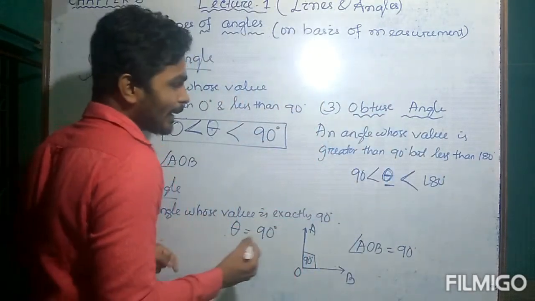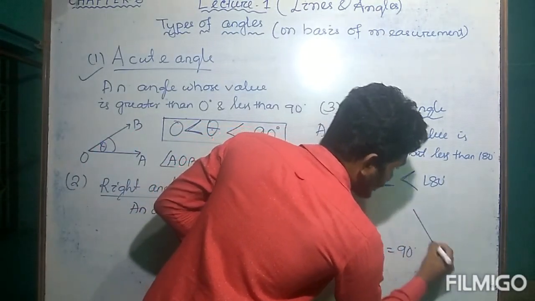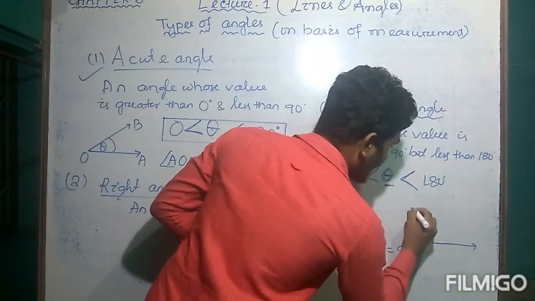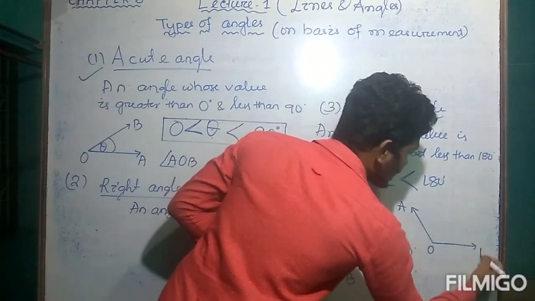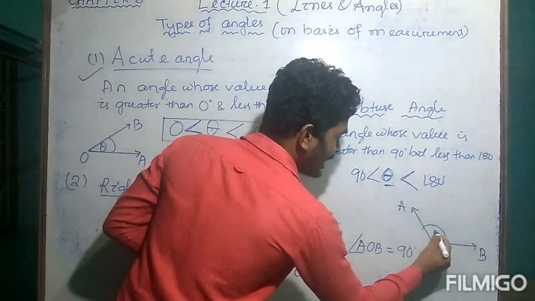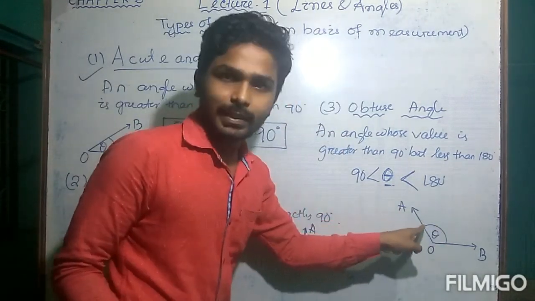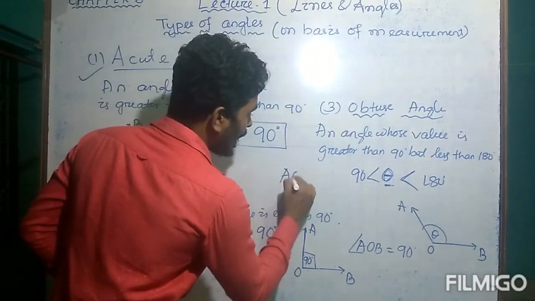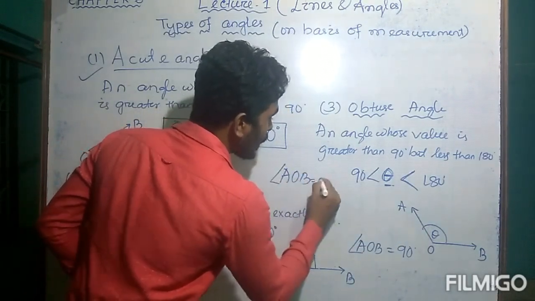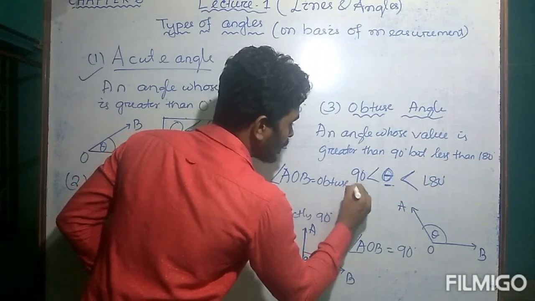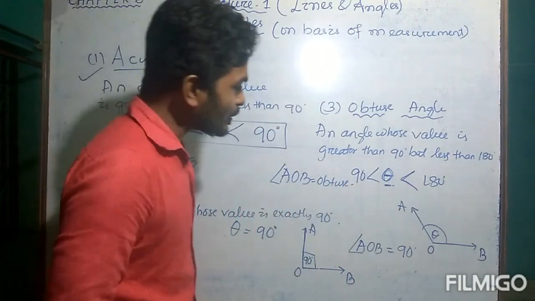Now we will represent it geometrically. Geometrically, an obtuse angle can be represented like this. This angle theta is greater than 90 degree and less than 180 degree. Okay, so here angle AOB is obtuse. So how can we represent an obtuse angle?